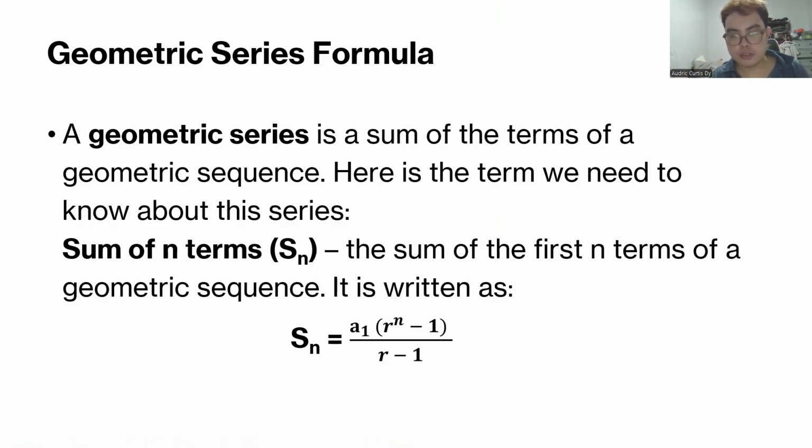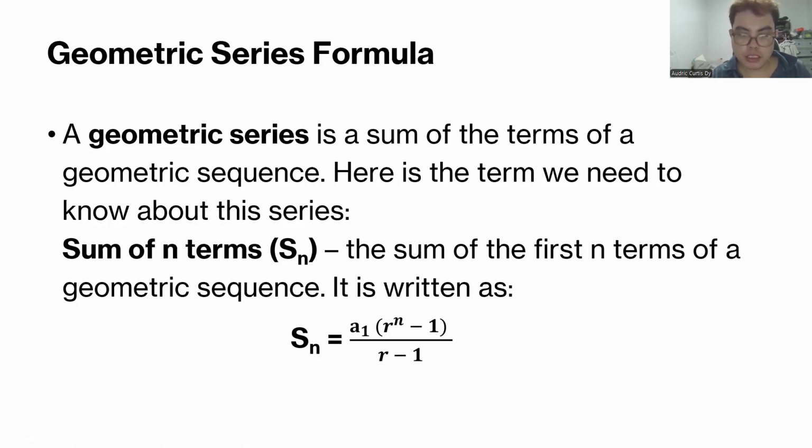The sum of n terms, also known as S sub n, is the sum of the first n terms of a geometric sequence. It is written as S sub n is equal to the first term multiplied by the difference of r raised to the power of n and 1, then divided by the difference of r minus 1.